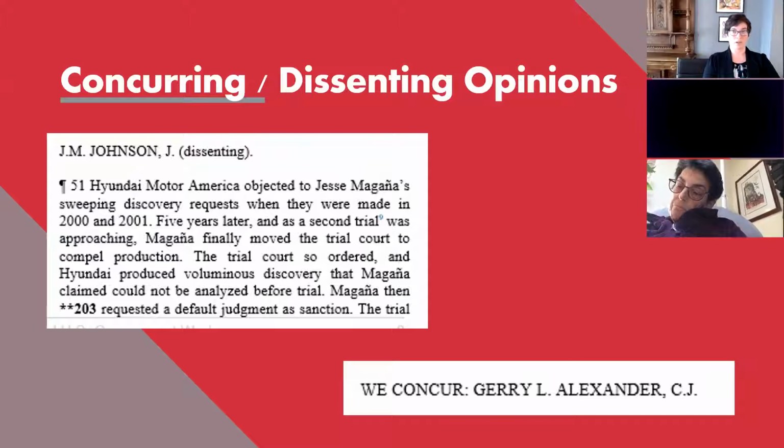You can find those distinguishing factors in the majority, but you can also find them in the concurring and dissenting opinions. Or in those occasional cases where you're trying to argue for a change in the law or an expansion of the law, concurring and dissenting opinions can be a really great place to look, because often those can be the more forward-thinking opinions.